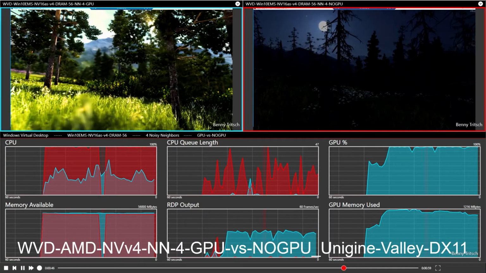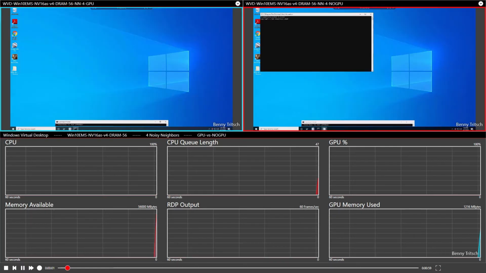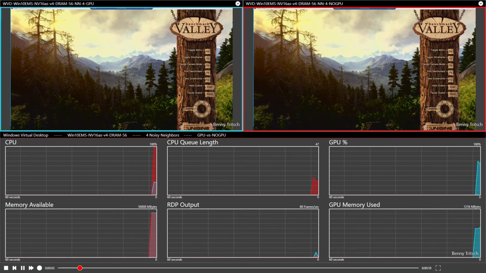Now let's see the impact 4 noisy neighbors have on NV4 v4 VMs with and without the GPU being available to the user sessions. It's another DX11 application running in the primary session. Be aware of the fact that the 4 secondary sessions are running on the same VM. Both users start the application at the same time.